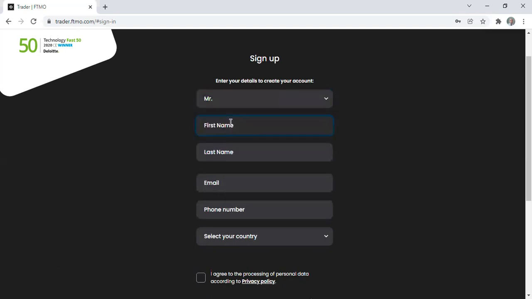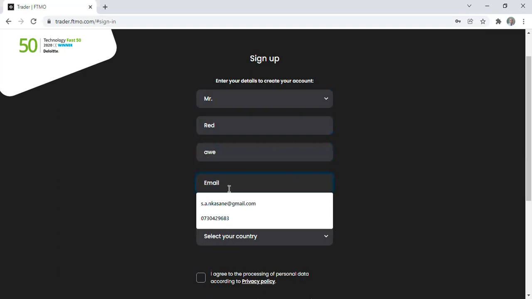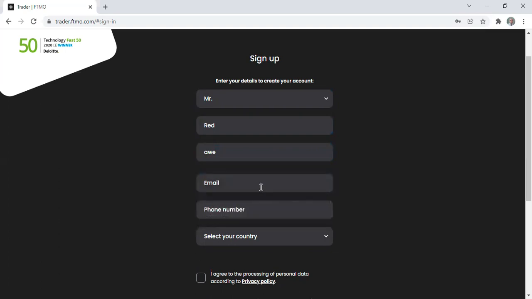Okay. I don't know who I'm on right here. Right, email address. Let me check whether I have a certain email address that I'm actually logged into here, aside from my original one.